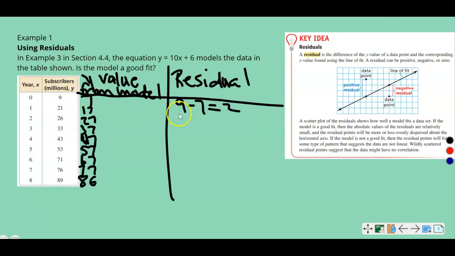This one would be 21 minus 17, which would be 4. And then 26 minus 27 would be negative 1.